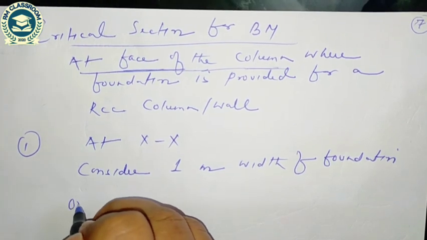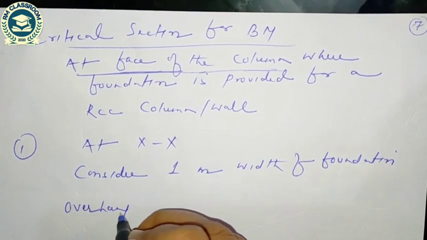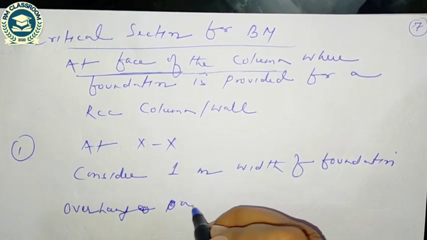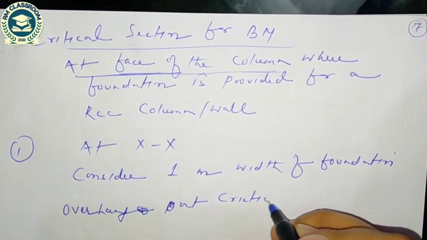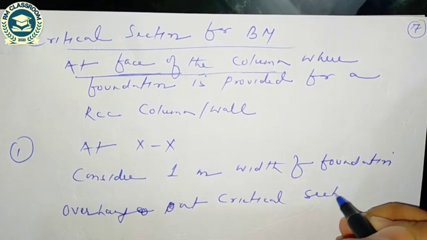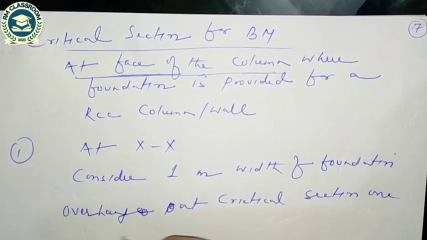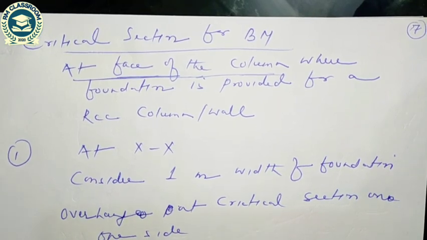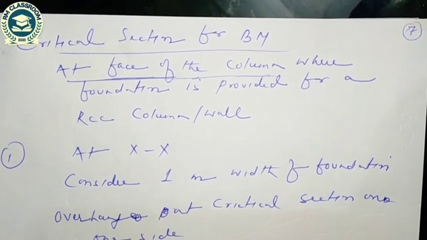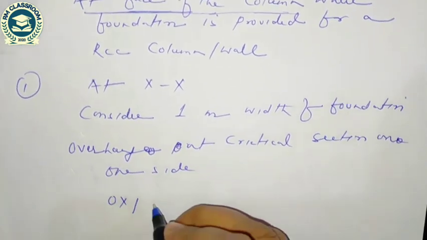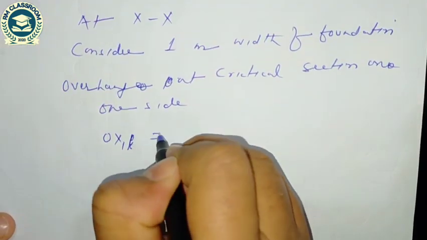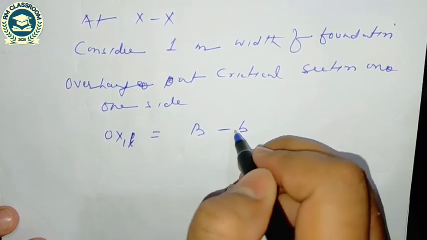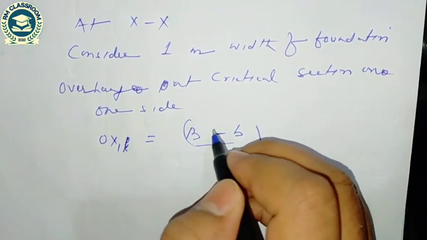So the overhang portion at the critical section on one side, that is OX1, is nothing but total width B minus b by 2.